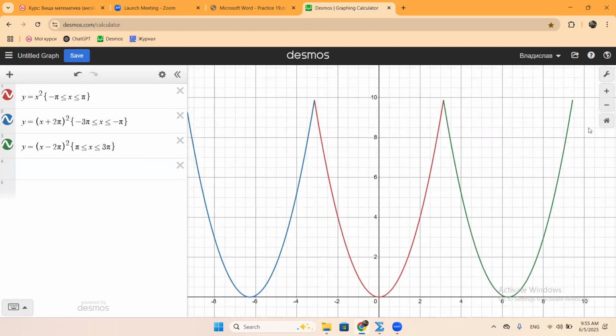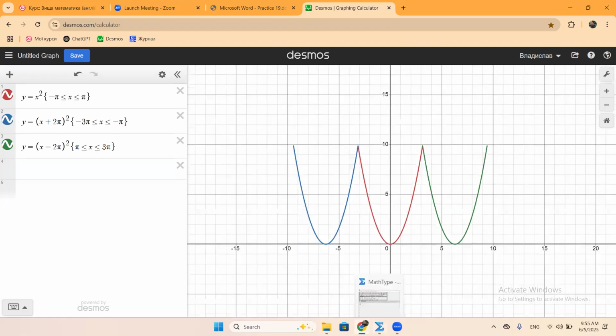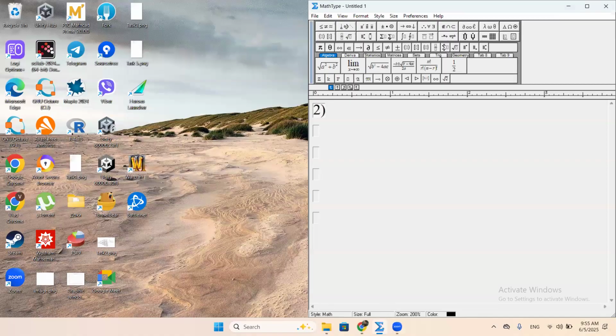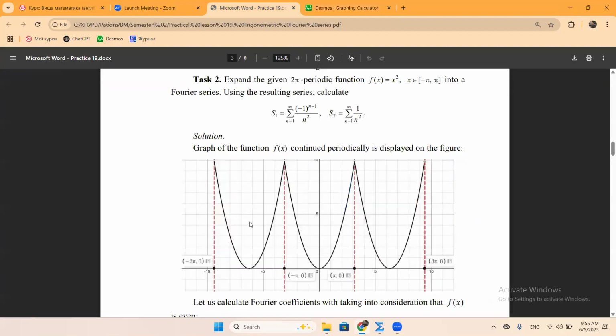So plotted the graph. Let's look better at this graph because it looks beautiful. So here we have the points minus 3p, minus p, p and 3p.